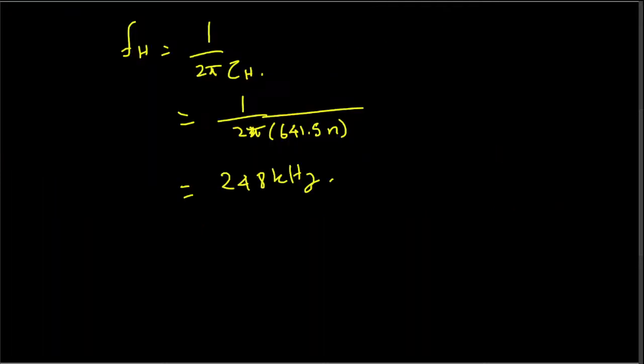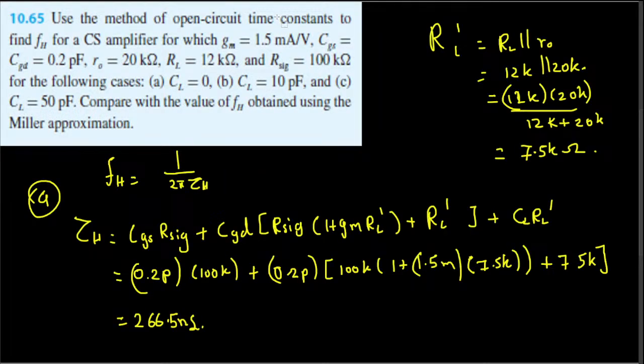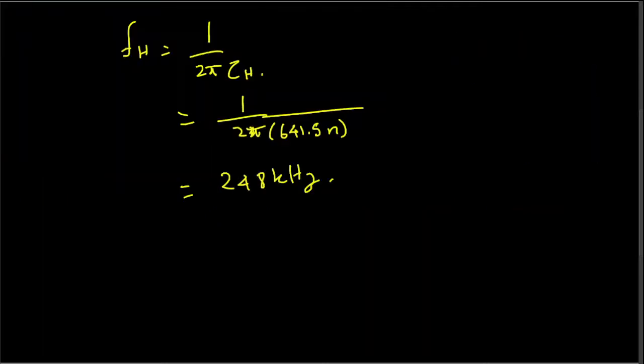The difference between open circuit time constant and Miller approximation is, in the Miller approximation this CL term doesn't come into play. That's why for the Miller approximation it's going to be just one solution, because we are not going to have this three situation, because the load capacitance is not used at all to calculate the FH value in Miller approximation.